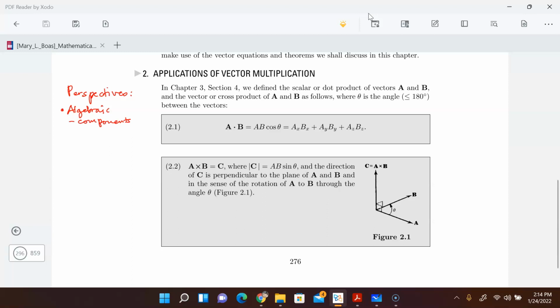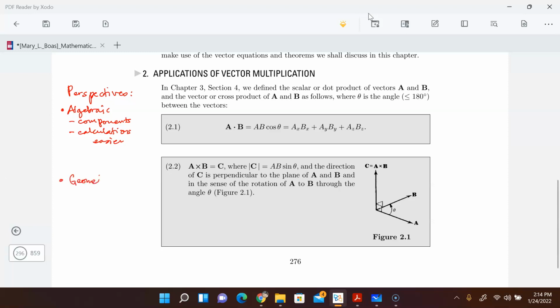And one advantage, there's always an advantage and a disadvantage of a particular perspective. The advantage of the algebraic way is that you can do calculations more easily. We'll get to what I'm trying to say in a minute.